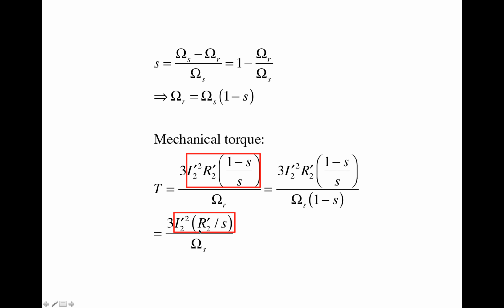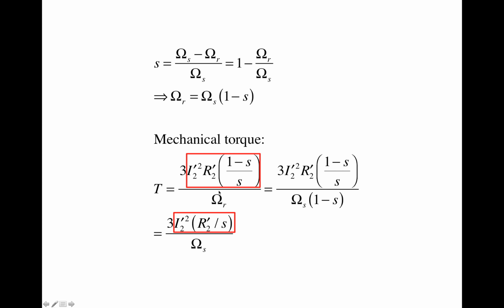And this division gives us the torque. And then if we look at this particular thing in the red box, that's the power dissipated by the fictitious resistor. Dividing it by omega r, the angular speed of the rotor, also gives us the same torque.